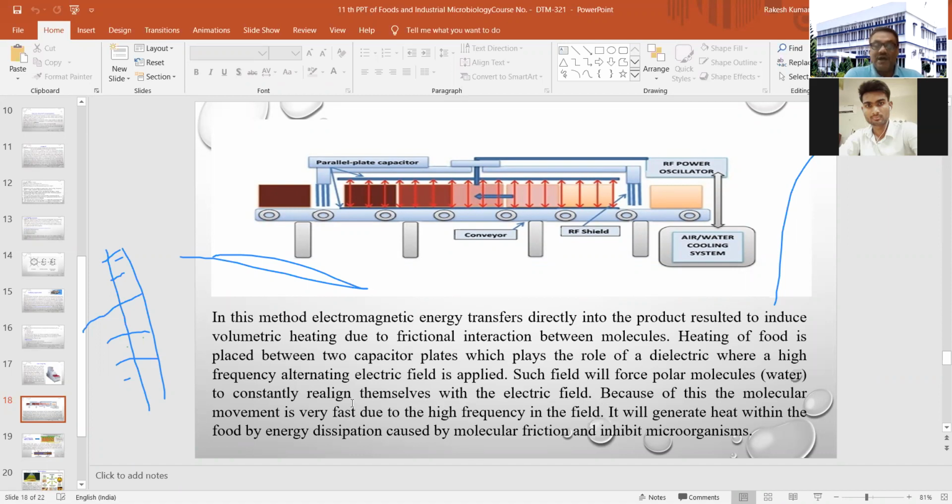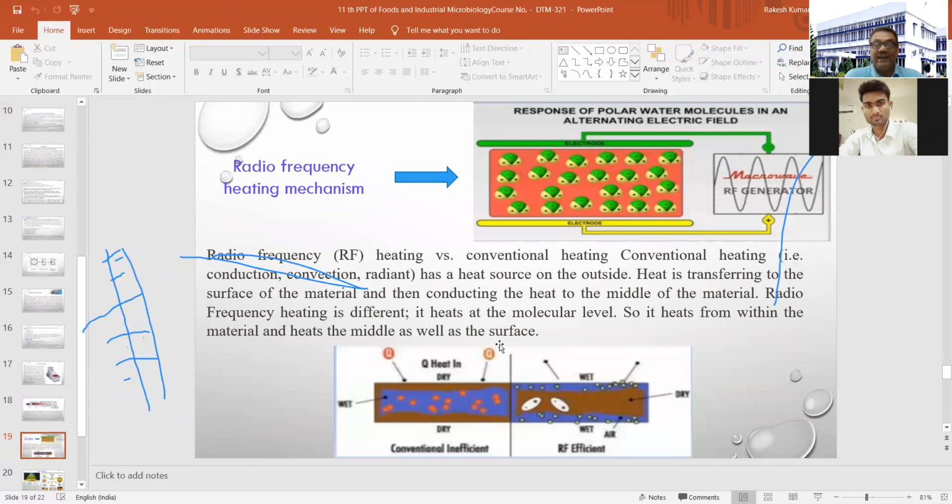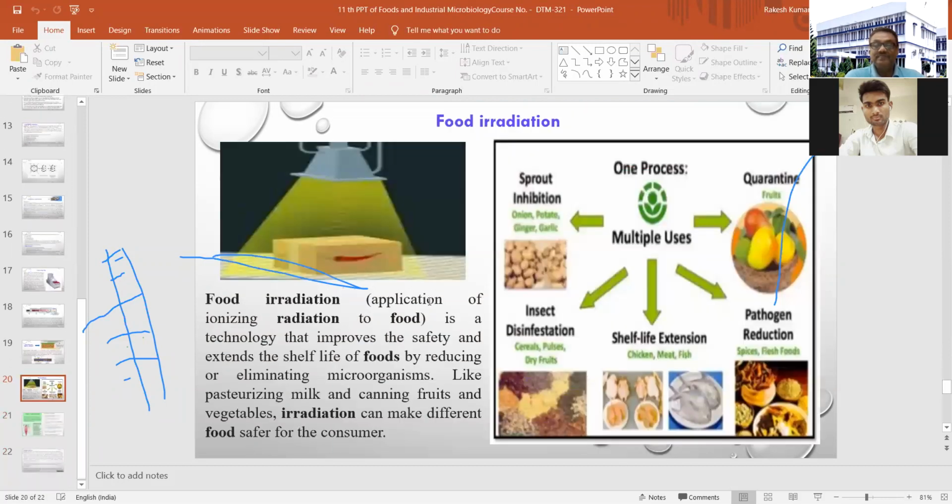Because of this, the molecular movement is very fast, and due to the high frequency of the field, it will generate heat within the food by energy dissipation, caused by molecular friction, and ultimately the microorganisms will be inhibited. Now the radio frequency heating method photographs are given, and how it is different from the conventional method is given here.